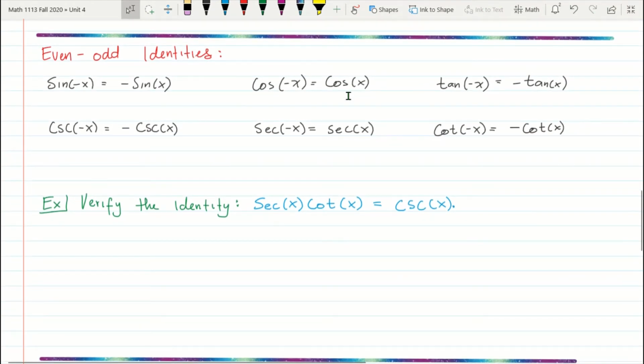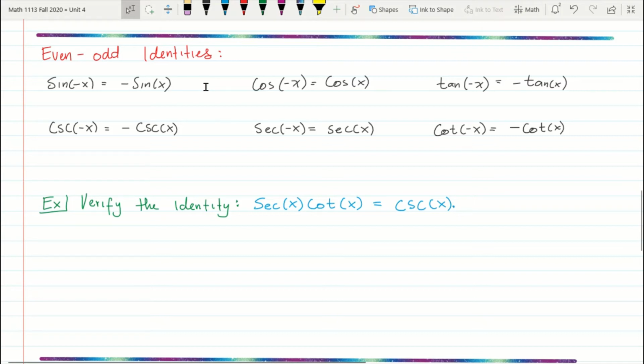The last part of the identities that we have is called even or odd functions, or even or odd identities. And that's simple. It is just saying that if you have sine of a negative angle, it is the same thing as negative sine of that angle positive.